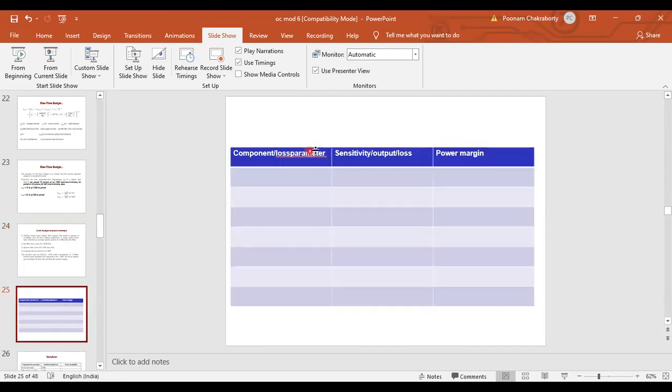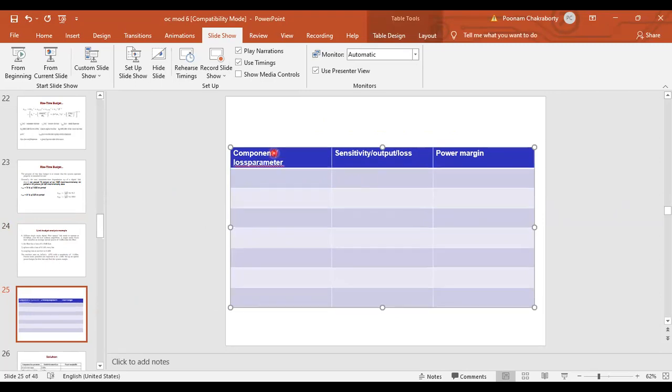So please write down this table. You have the component or the loss parameter in the first column, then you have sensitivity, output or loss. All of them you have to list like this, and then in this column you have power margin. Okay.